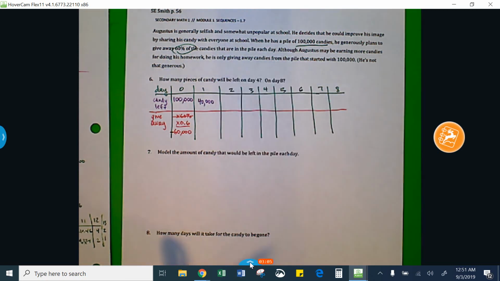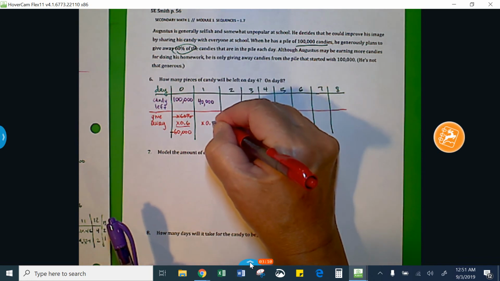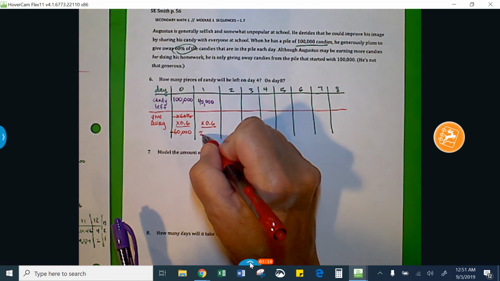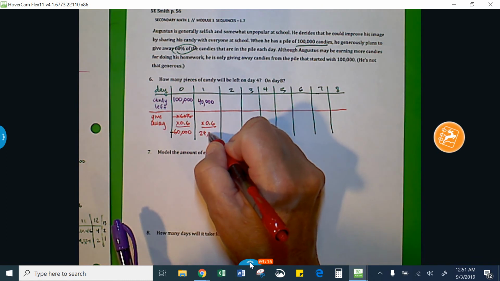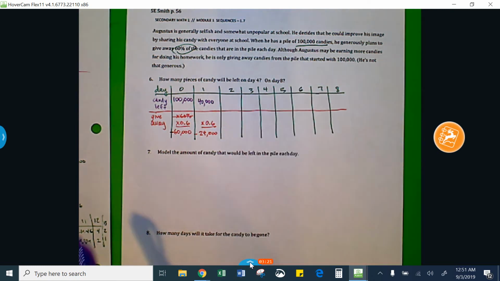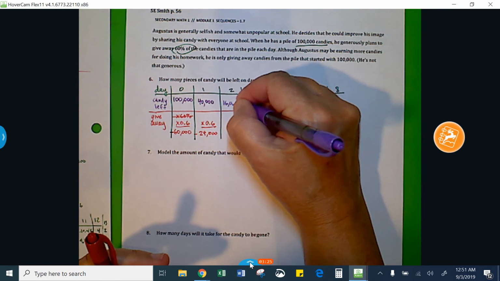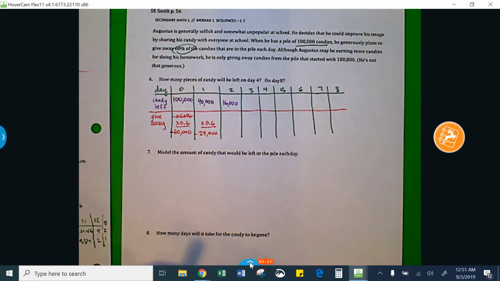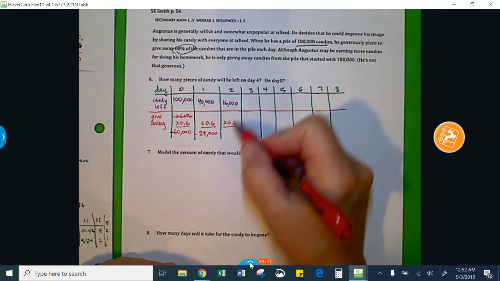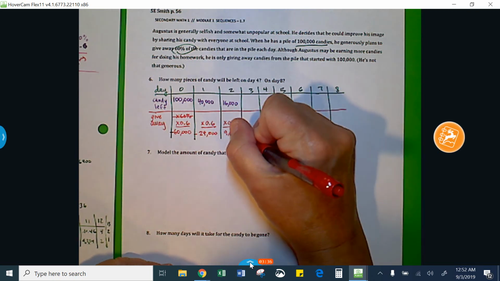So in a similar way, we can do this. Take the 40,000 times 0.6 to get 60% of 40,000, and that gives us 24,000. But that's what he's given away, so we're going to subtract that. 40 minus 24 is 16,000, and we're going to continue that way. 60% of this is 9,600.